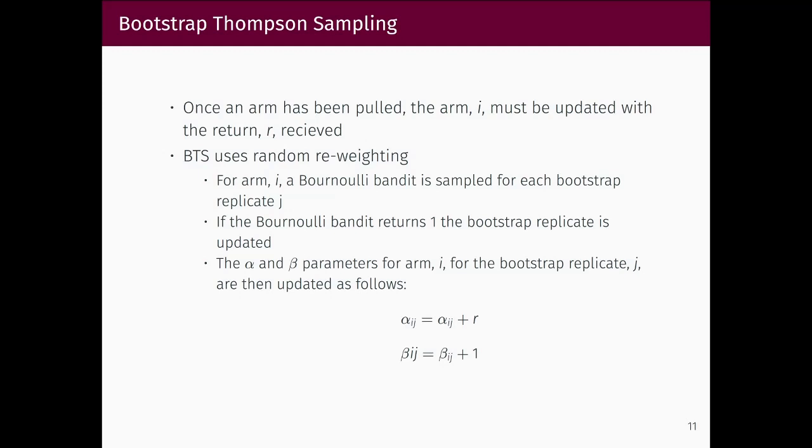For arm I, a Bernoulli bandit is sampled for each Bootstrap replicate. If the Bernoulli returns a 1, then the Bootstrap replicate is updated. To update it, you just add the returns to alpha, and you add 1 to the beta value. And that's how you update your distribution.